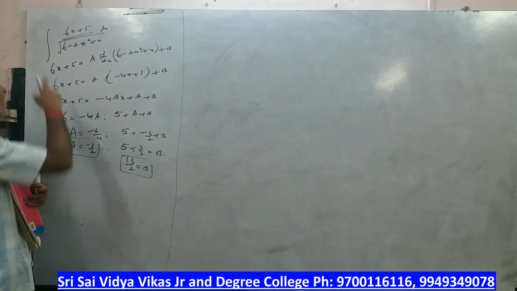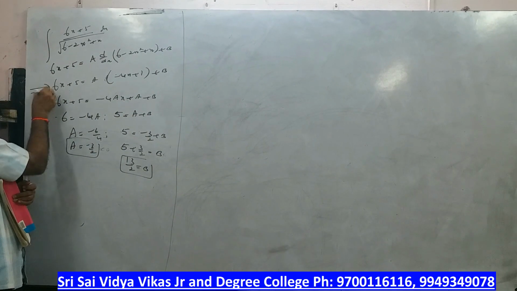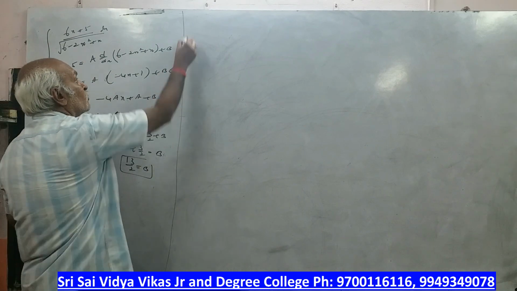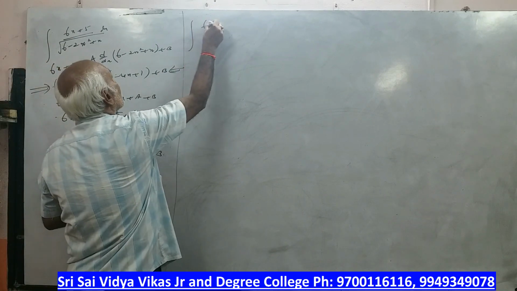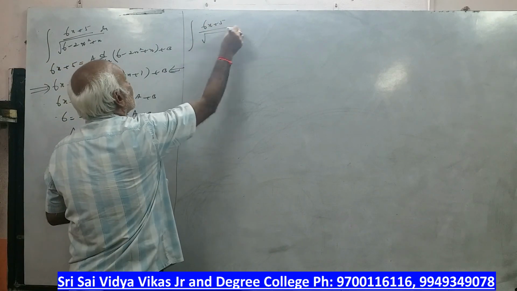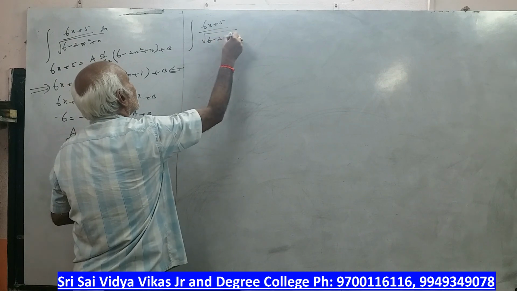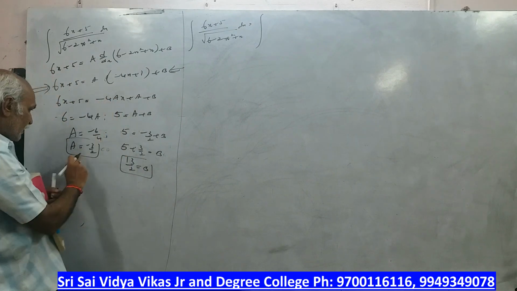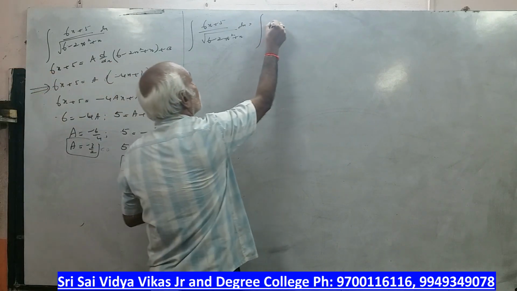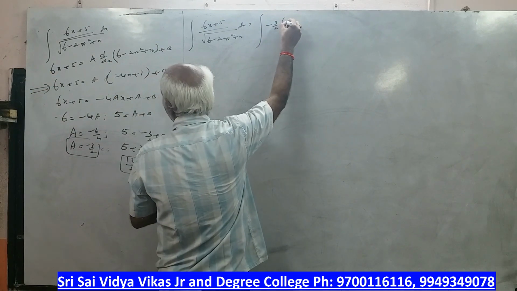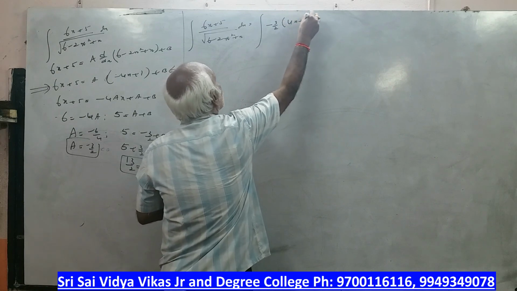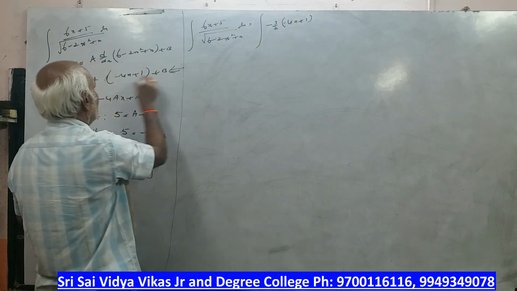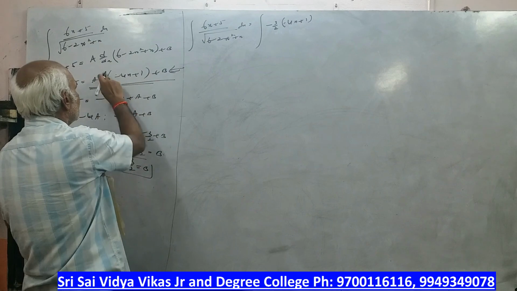Right? Now again this is very important. I am putting an arrow here. So the integration of ... is equal to a into, what is the a value? Minus 3 by 2. What is that inside? 4x plus 1. This one we have to consider, right? Plus b.